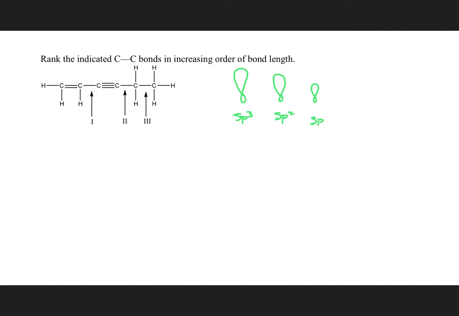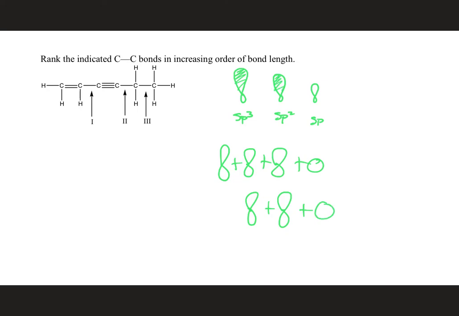With sp3, you're combining 3 p's and an s, so it's mostly p. All right, so you get this bigger lobe. With sp2, you get 2 p's plus an s, so it's still mostly p, but then with the sp, you get one of each, a p and an s, and therefore it's just smaller.